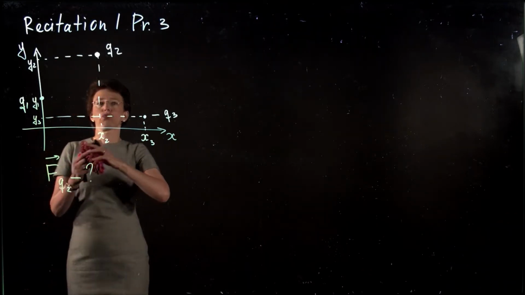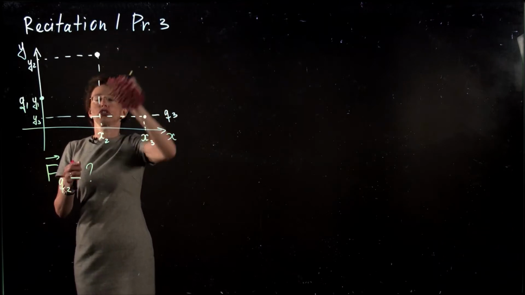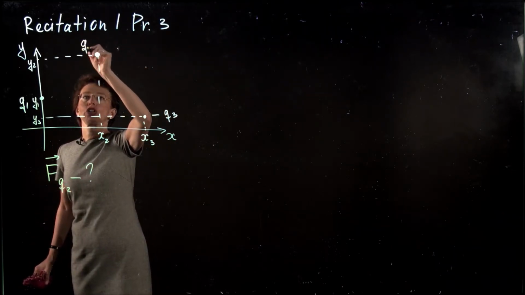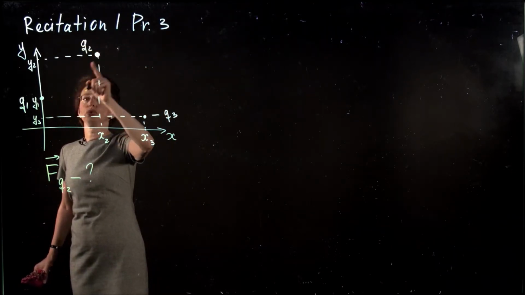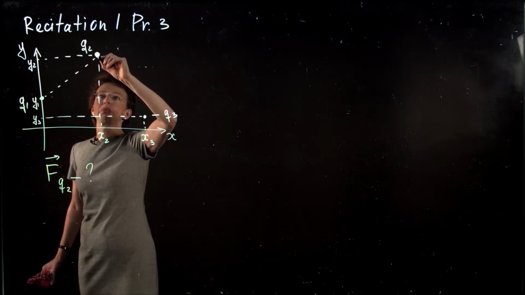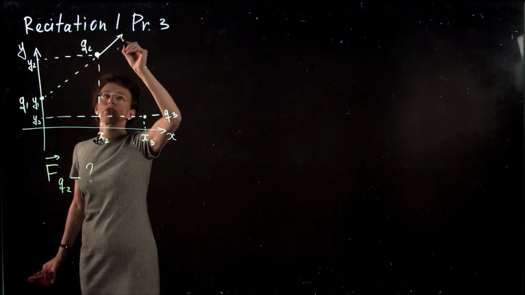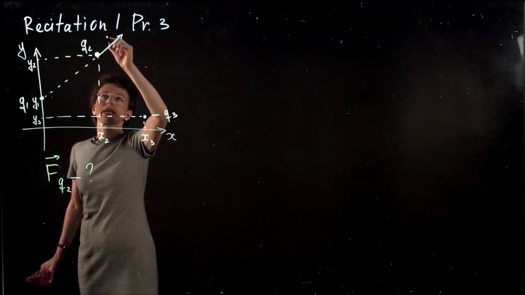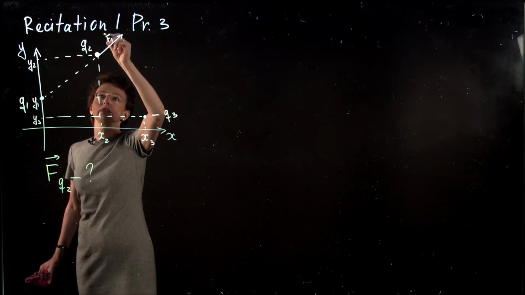Let's draw these forces. The force exerted by charge q1 on q2 will be along this line, and it will be a repulsive force. This is my force F1.